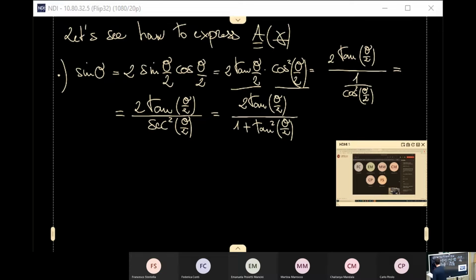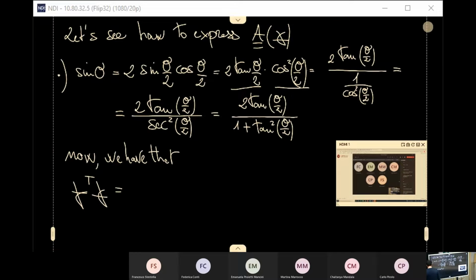Now, we have that, by its definition, gamma transposed applied over gamma, which is the scalar product, as we said yesterday, is, by definition, the tangent squared of theta divided by 2.